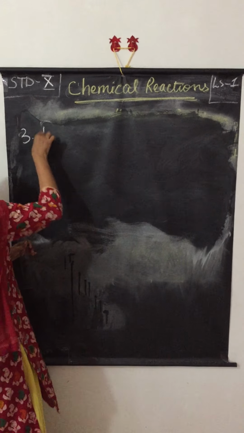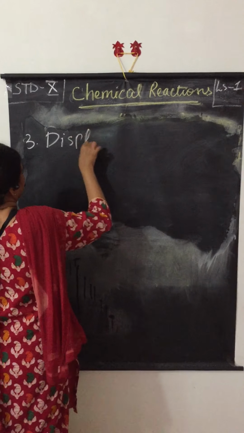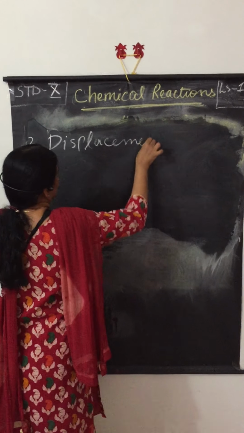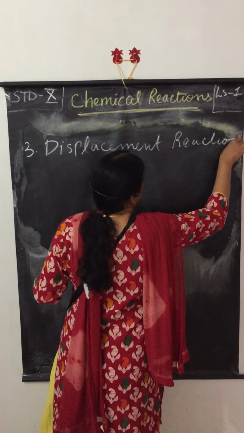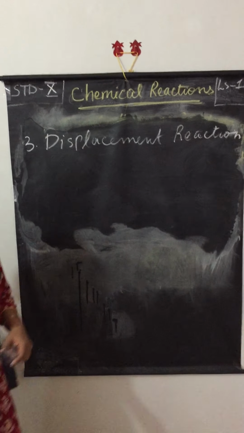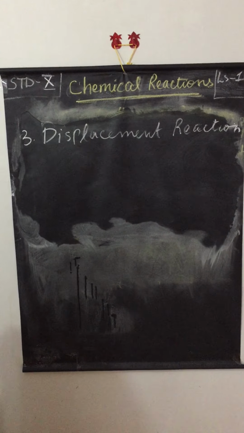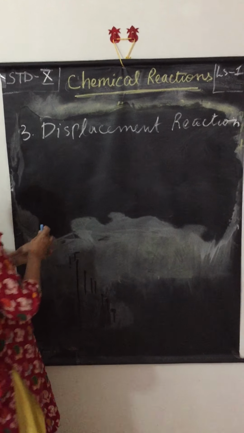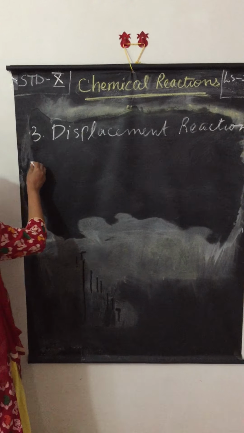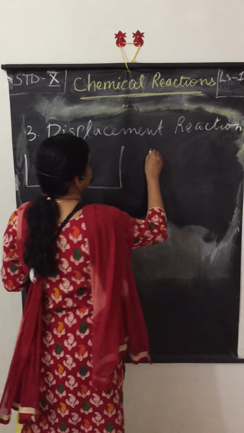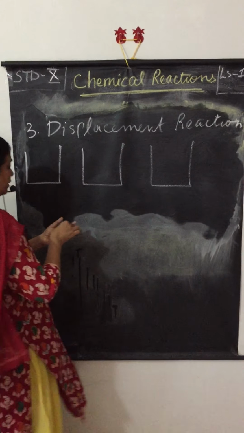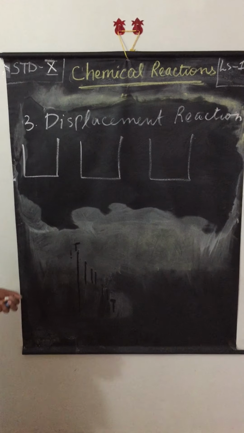The third reaction, that is displacement reaction. Now let us see the displacement reaction. Here you can see, take three beakers. Add copper sulfate solution.